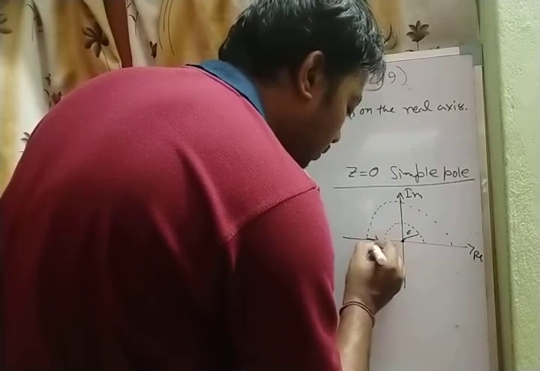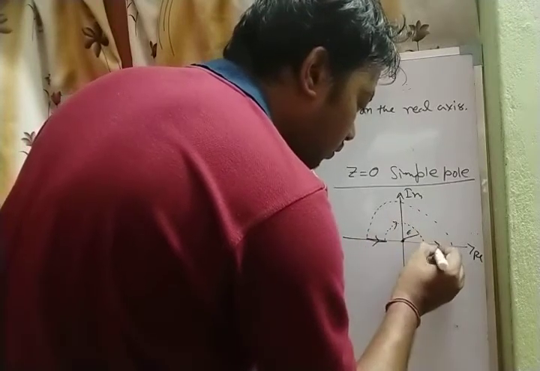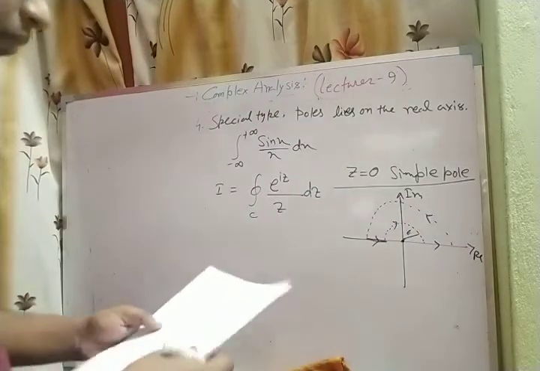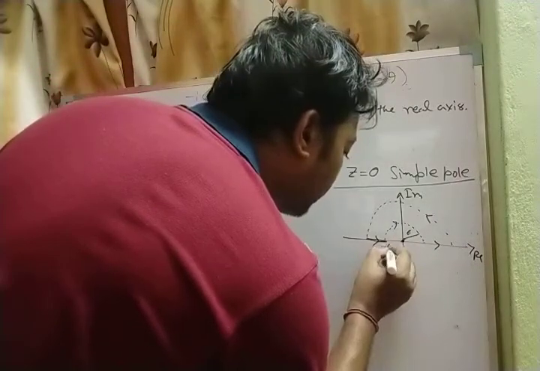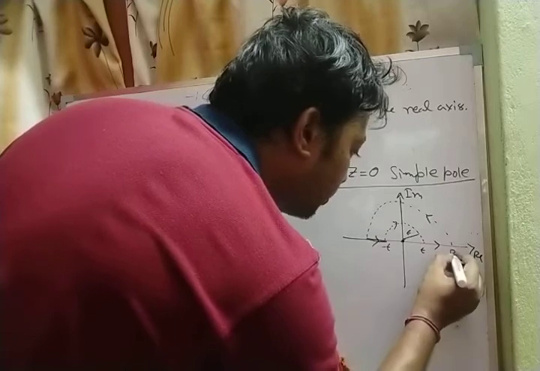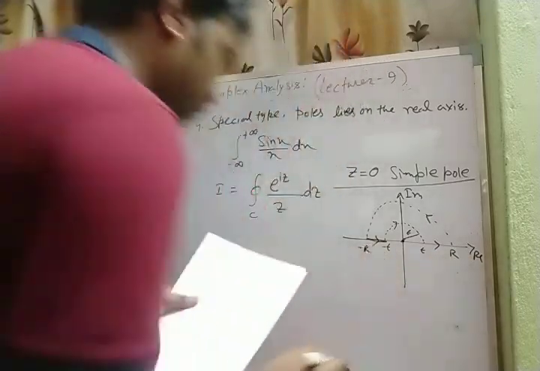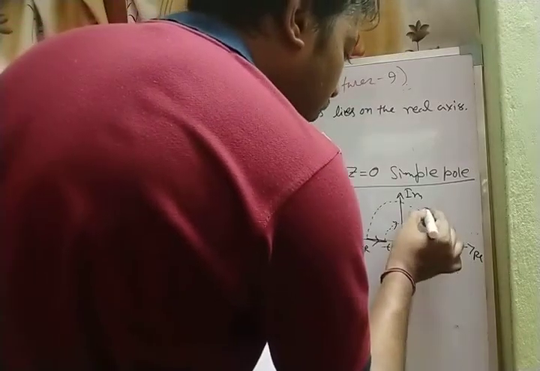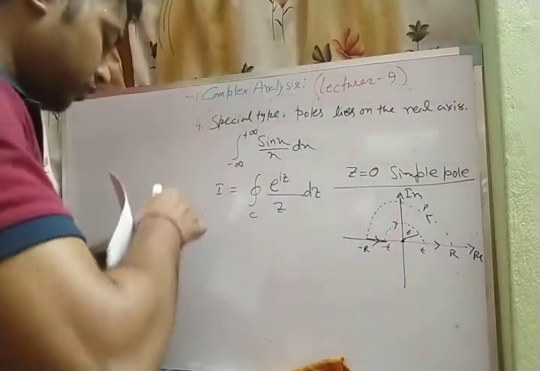So this can be going as like this. You can name it from minus epsilon to plus epsilon. This is plus r and this is minus r. And this contour is called gamma.